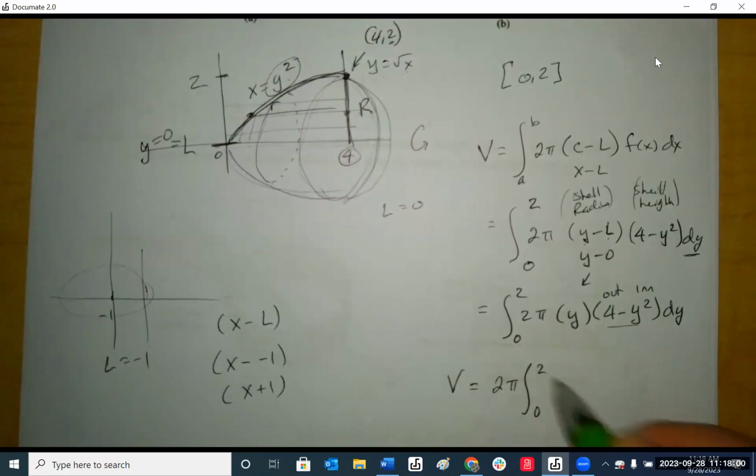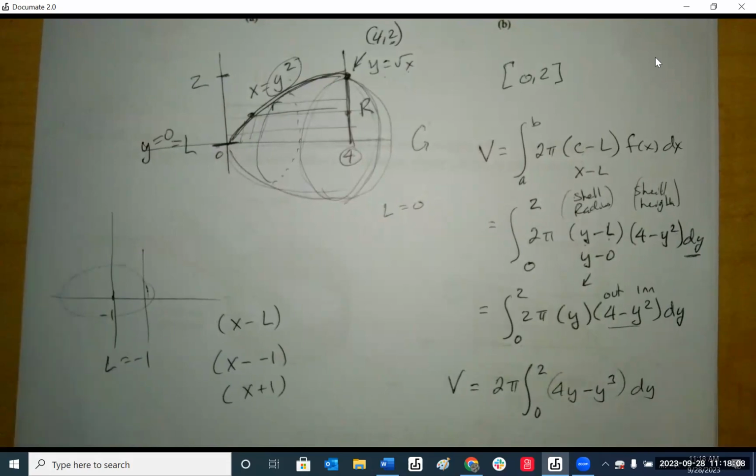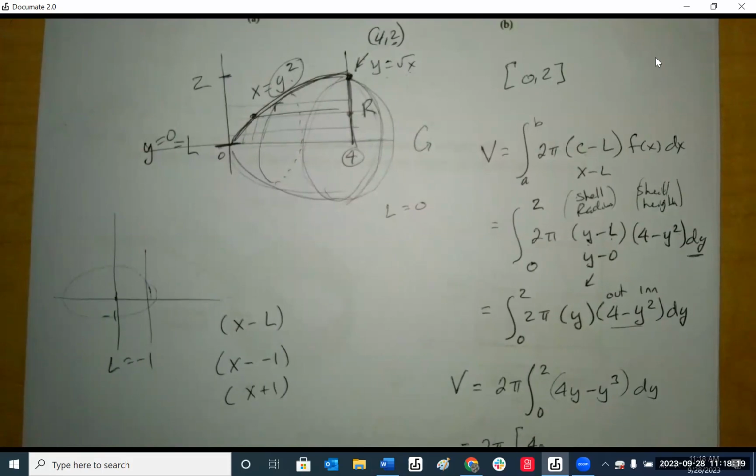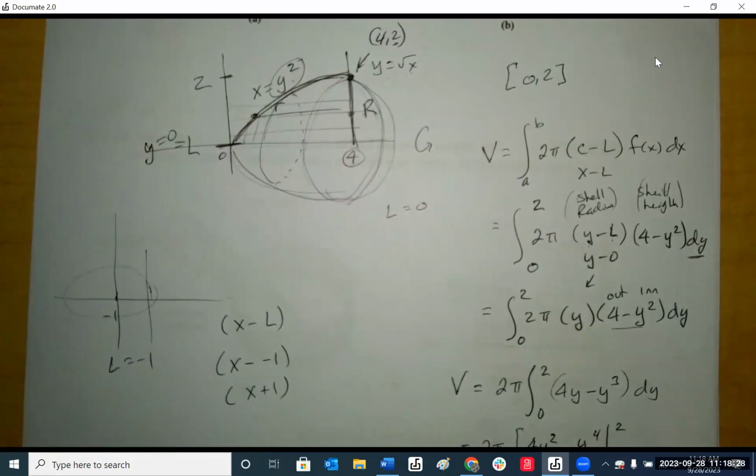So now we integrate from 0 to 2. We got 4y minus y cubed dy. 4y squared over 2 minus y to the 4th over 4, from 0 to 2.